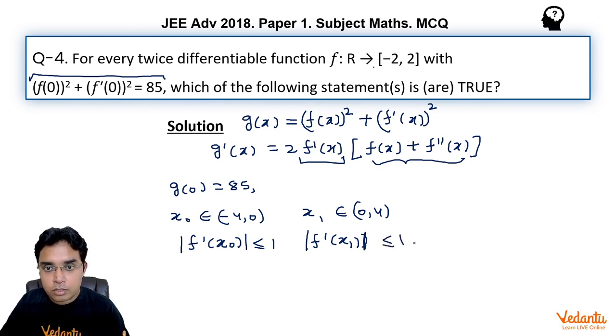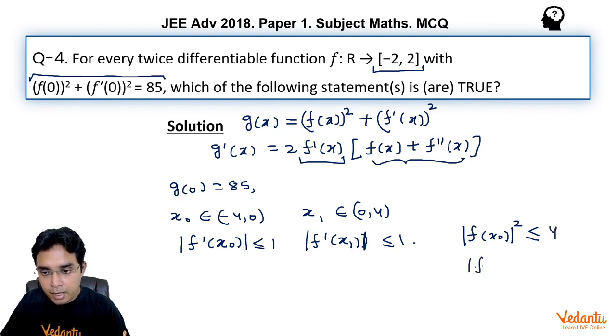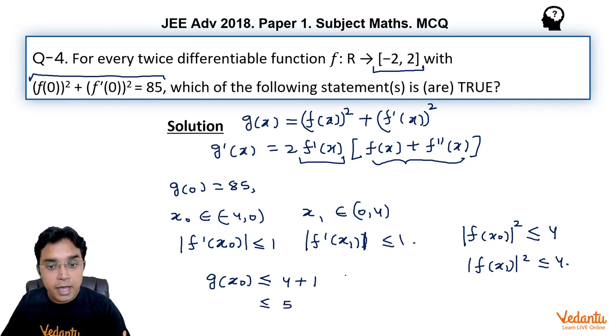And already because of this codomain, (f(x0))² will be less than or equal to 4, and similarly (f(x1))² will be less than or equal to 4. So using all these inequations, I can say that g(x0), which is (f(x0))² plus (f'(x0))², will be less than or equal to 4 plus 1, that is less than or equal to 5. And similar to this, I can also write that g(x1) will be less than or equal to 5.